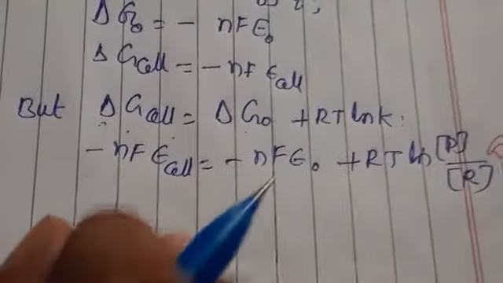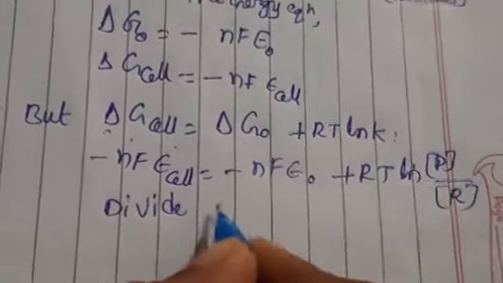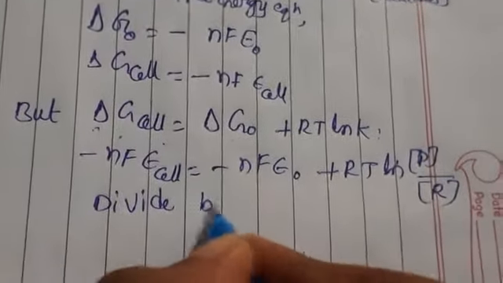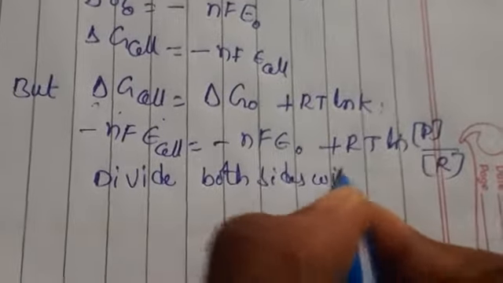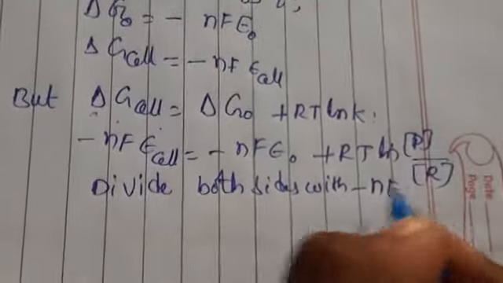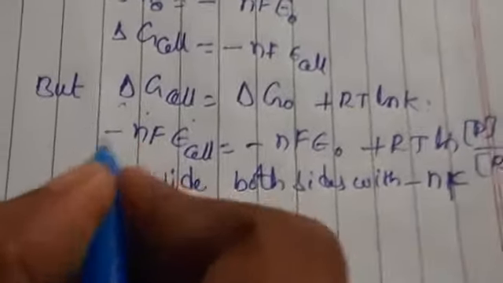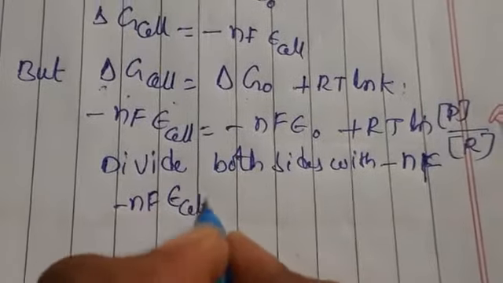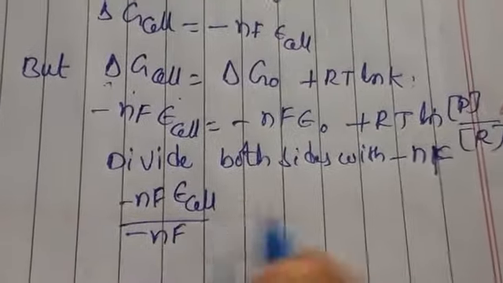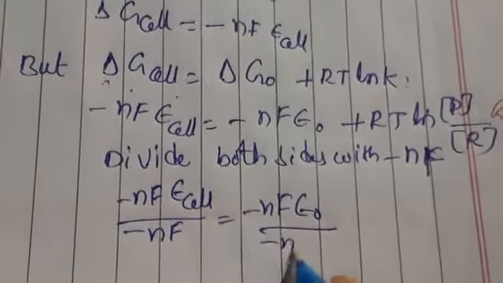So when you divide this equation on both sides with minus nF, what does the equation give? Minus nF E cell divided by minus nF is equal to minus nF E naught by minus nF.